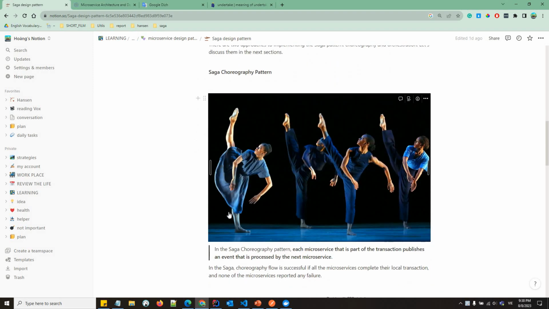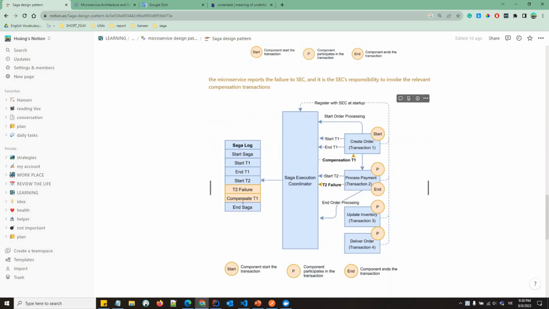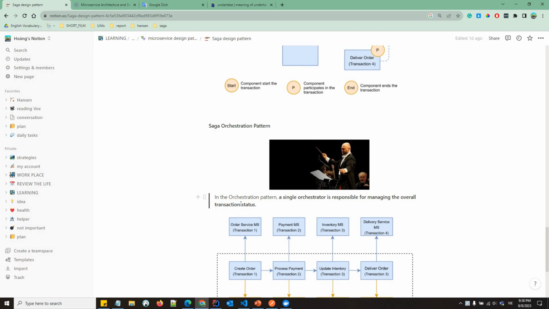And the same example with the orchestration pattern. Besides the three services we have, we need a coordinator service.